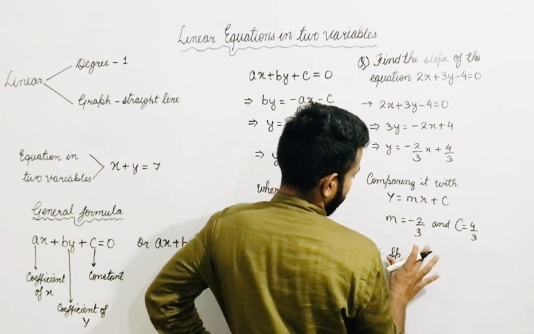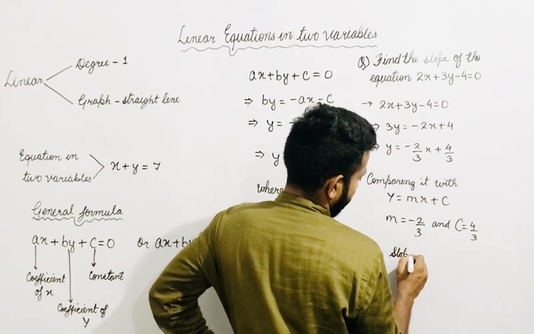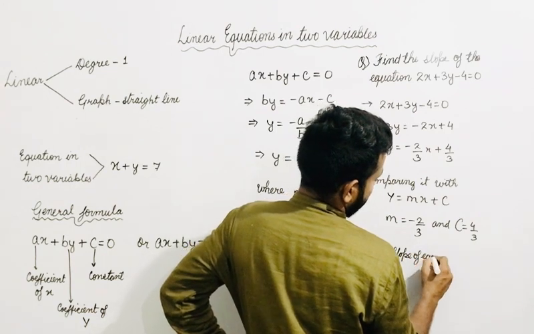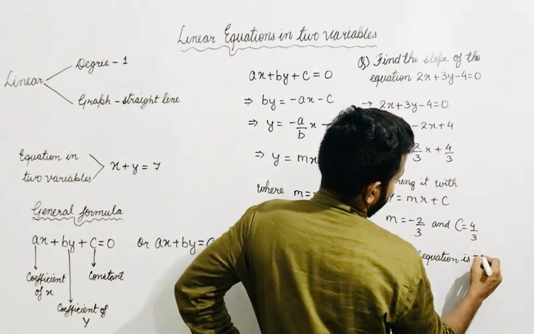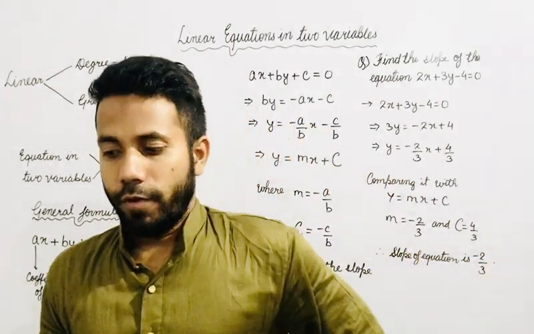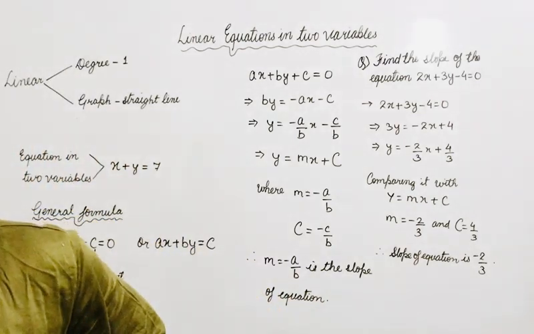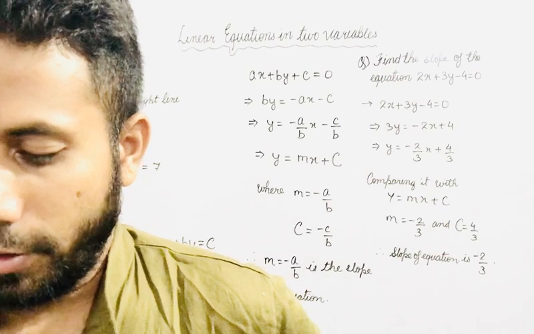Therefore, slope of the equation is minus 2 by 3. This is how you find the slope of the equation or slope of a given line.